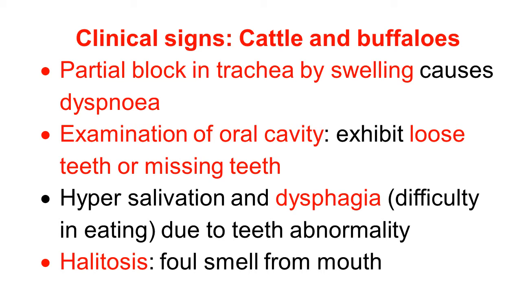Clinical signs in cattle and buffaloes. Due to swelling, if the swelling is large, it may partially block the trachea and cause dyspnea. This is also a somewhat serious condition. The clinician examines the oral cavity and finds loose teeth or missing teeth in the mouth. This is because the bone becomes very loose.